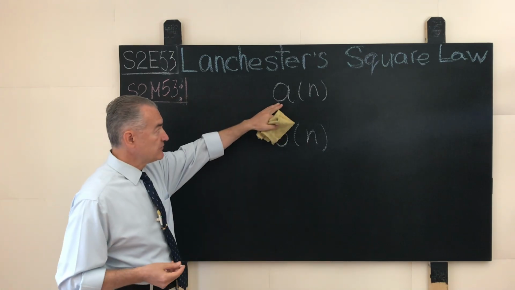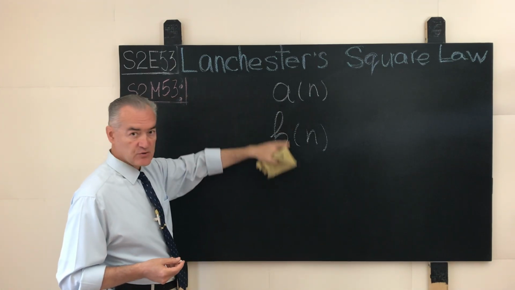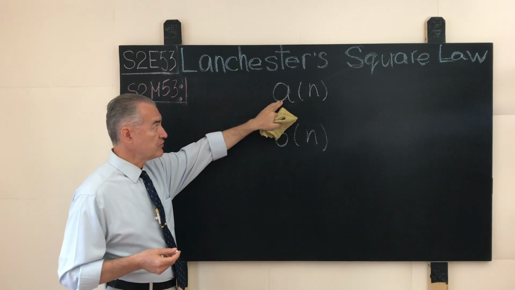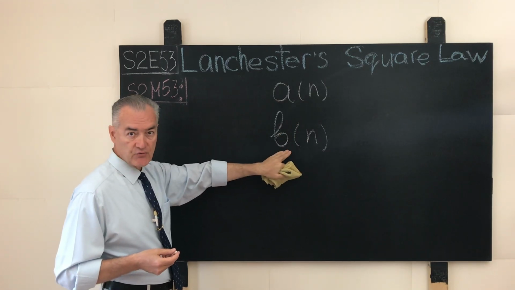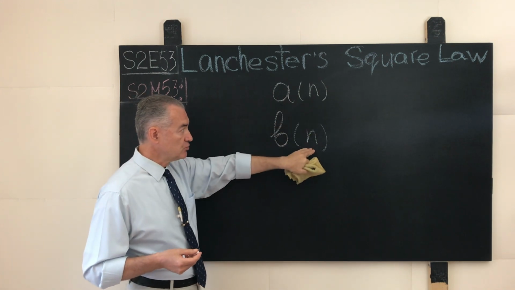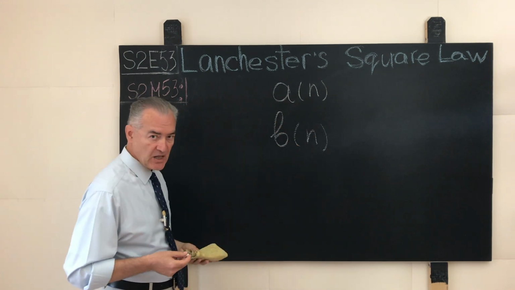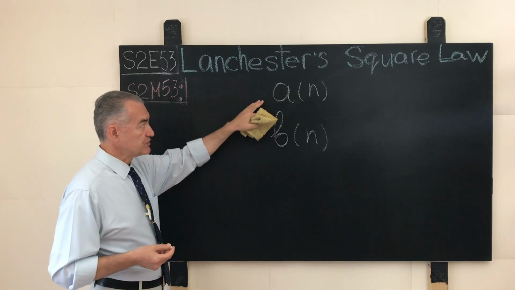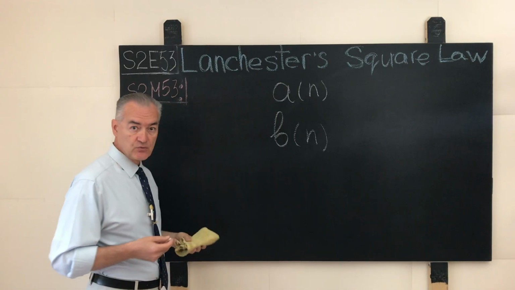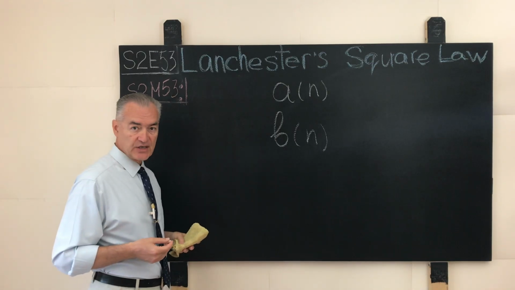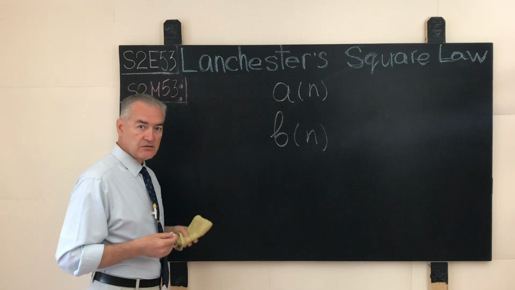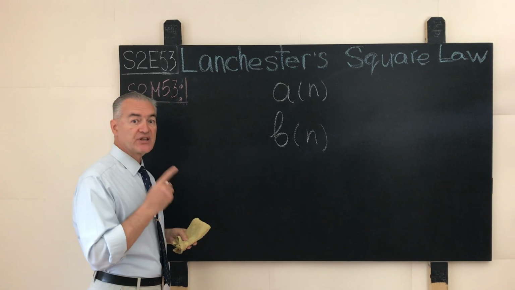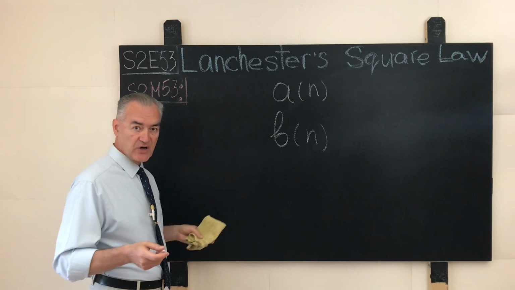Well, if A_n and B_n represent the number of still functioning fighting units of army A and respectively of army B after n units of time have elapsed, then how can we mathematically describe the number of such still functioning fighting units on either side of the battle after that one unit of time went by and during that one unit of time the exchange of fire happened?